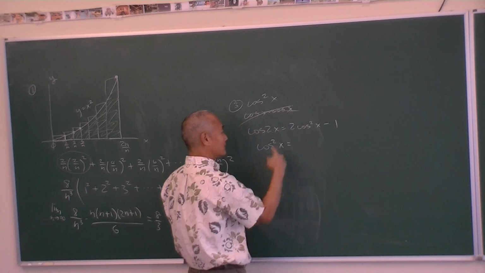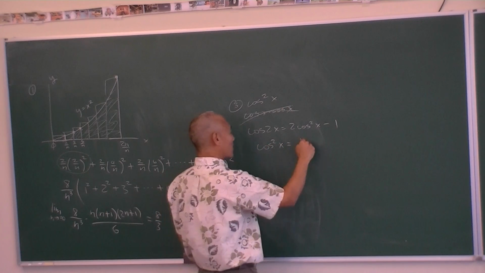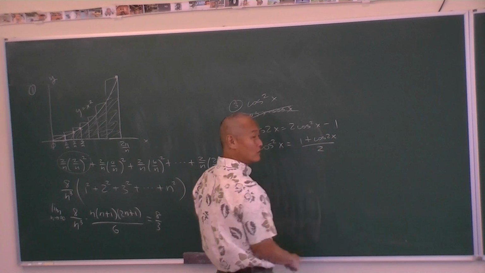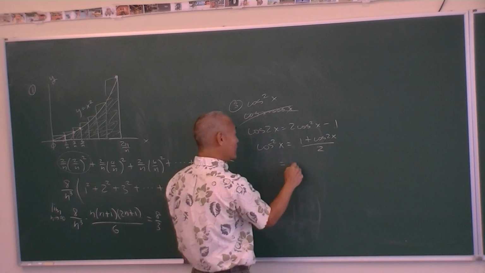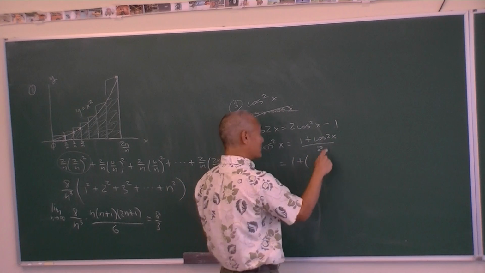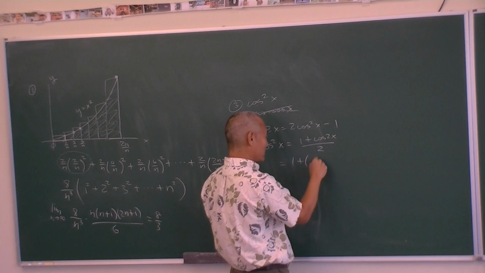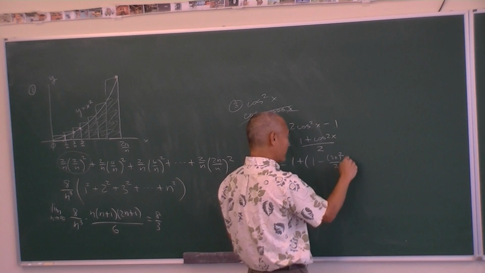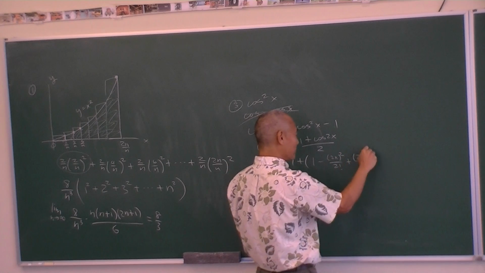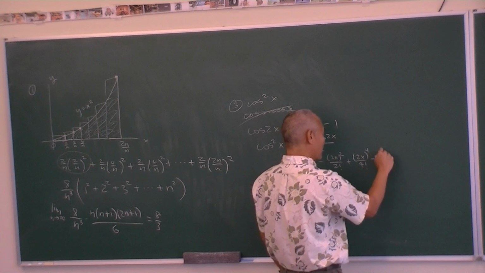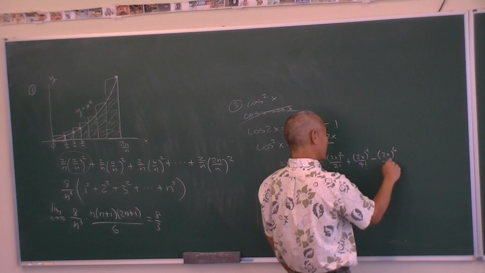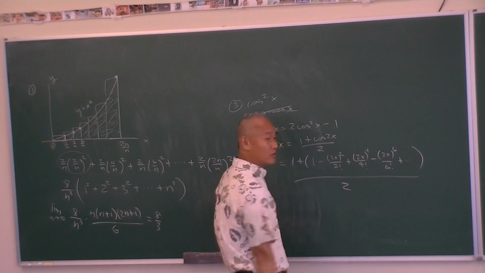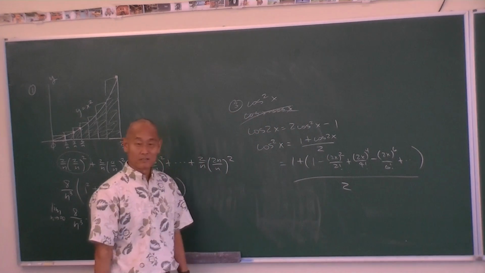Move the 1 on this side. 1 plus cosine 2x all over 2. Oh, so all you gotta do then is go 1 plus, what's the power series for cosine box? 1 minus box squared over 2 factorial plus box to the 4 over 4 factorial minus box to the 6 over 6 factorial plus dot dot dot, and then just divide the whole thing by 2. You don't have to do any long multiplication.